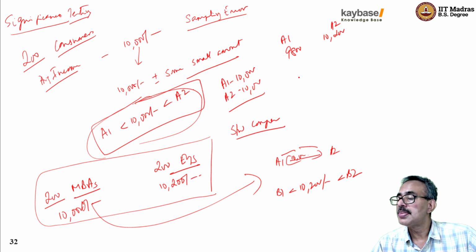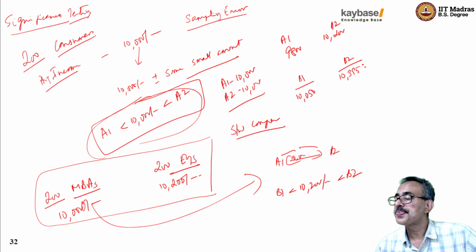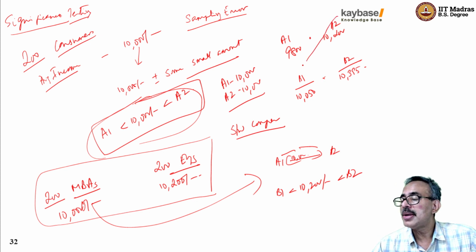And let's assume that B1 is 10,050 and B2 is 10,395. So 10,200 is somewhere here, 10,000 is somewhere here, right? Now, as you can see, there is an overlap here.